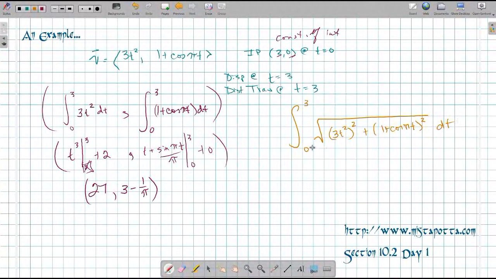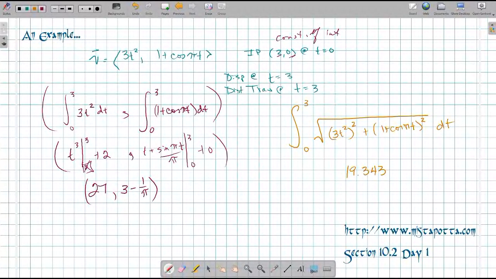Now, one of the things that we've noticed when we've worked these types of problems is that these are not the type of problems that you can easily do the antiderivative of. So using our technology, you find this integral actually ends up being 19.343 units. So that's the distance that we end up traveling here.